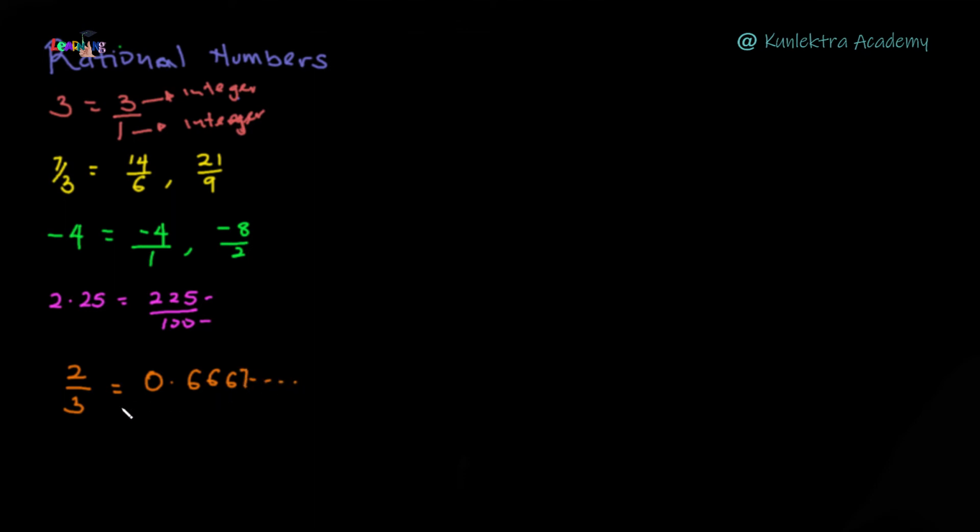This is also a rational number because it can be expressed as a fraction, a ratio of two integers. Looking at the examples I've given, you'll now be able to identify rational numbers. You must be able to express those numbers as ratios.